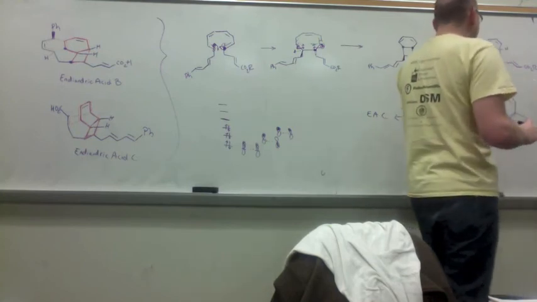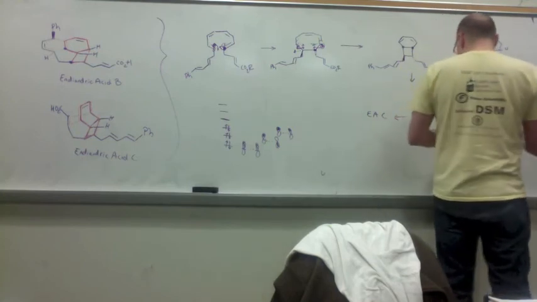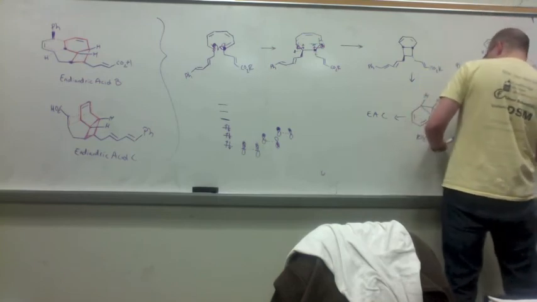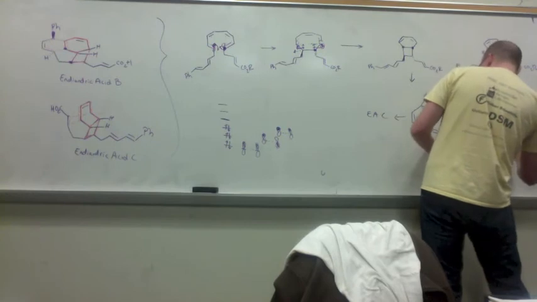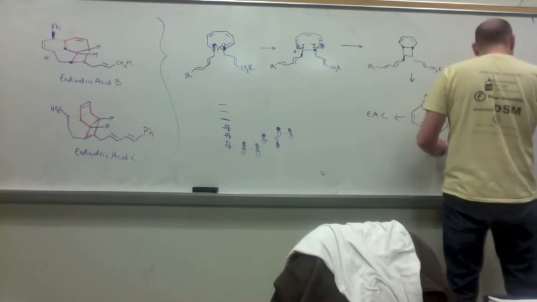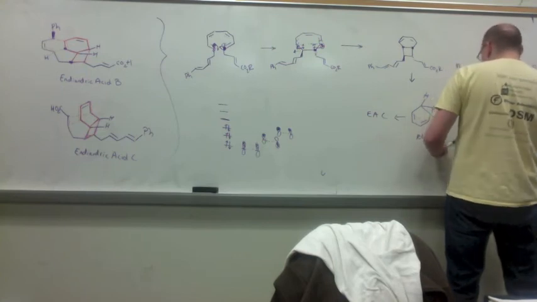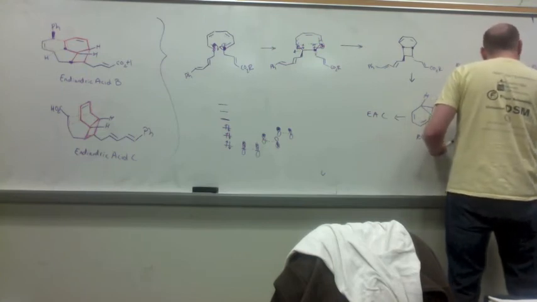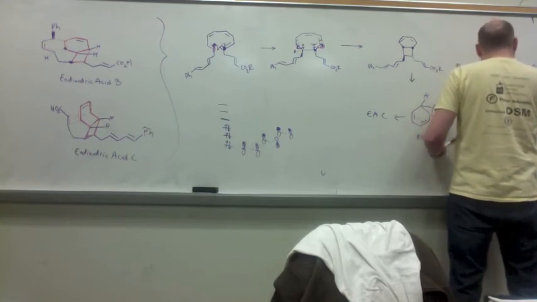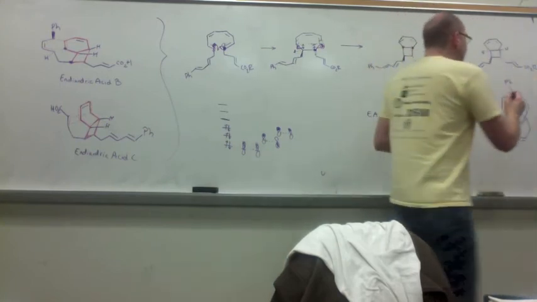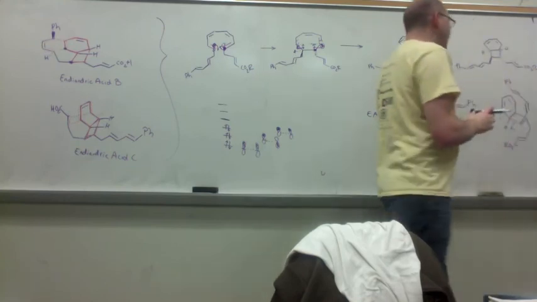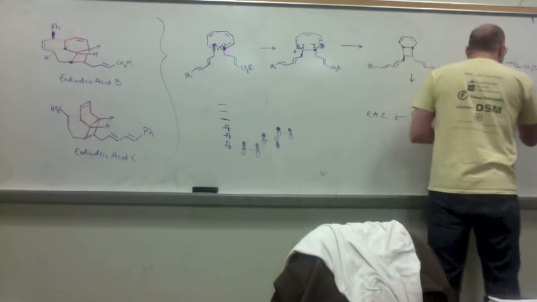Okay. Now in this case, the protons are going back, so the one that's going down is this one. And what's going to happen over here is that now we're going to have that diene coming up, and that diene can now do the Diels-Alder over here.